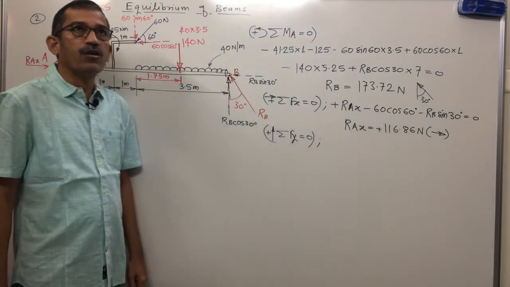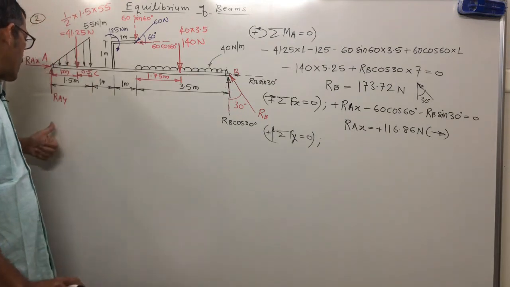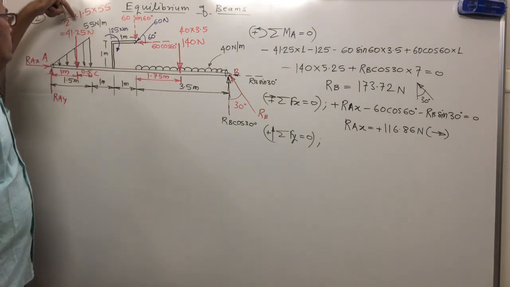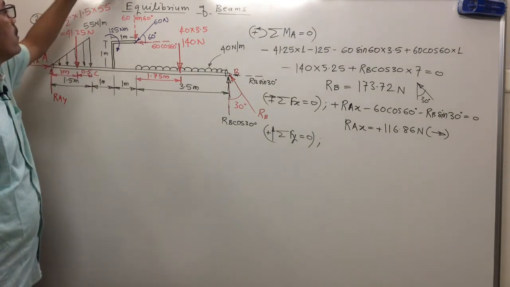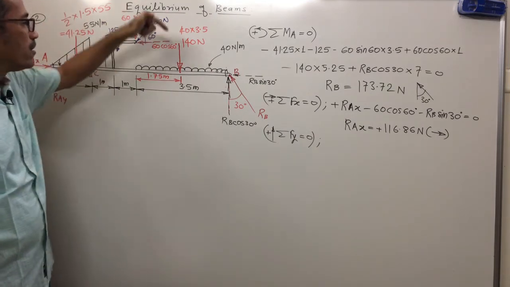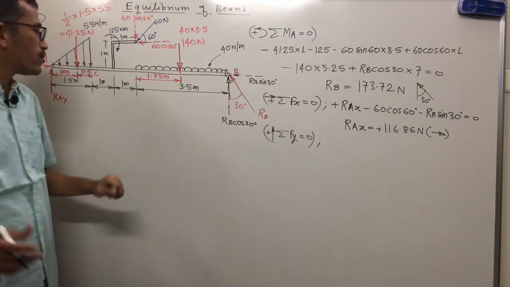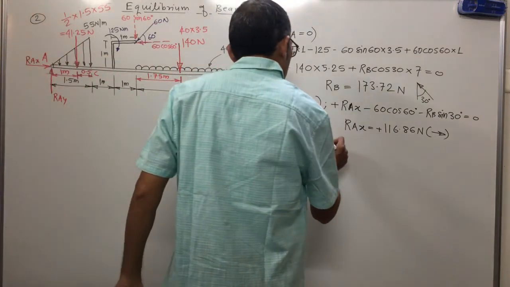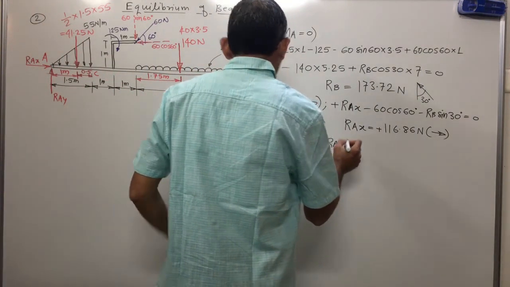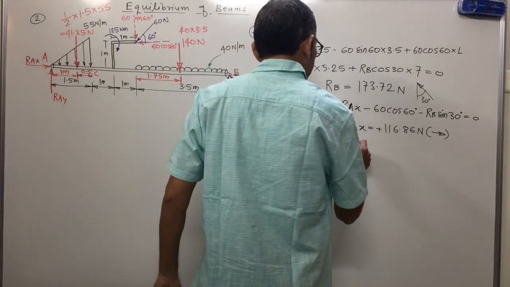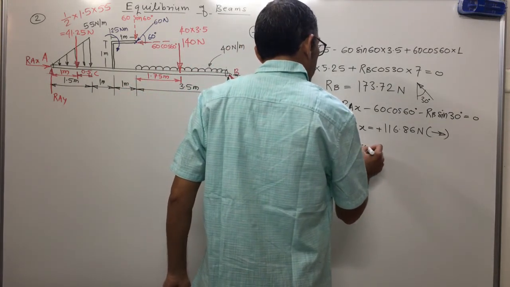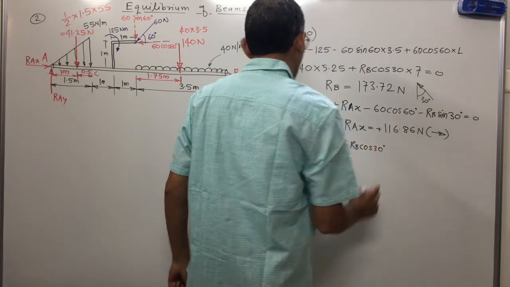Summation of Fy equal to 0, assuming vertically upward force is positive. Now concentrate on all vertical forces. RAY upward, 41.25 downward, 60 sin 60 downward, 140 downward, RB cos 30 upward, equal to 0. First I will write RAY and RB cos 30, upward, positive.